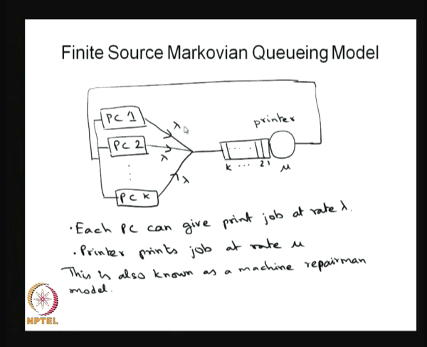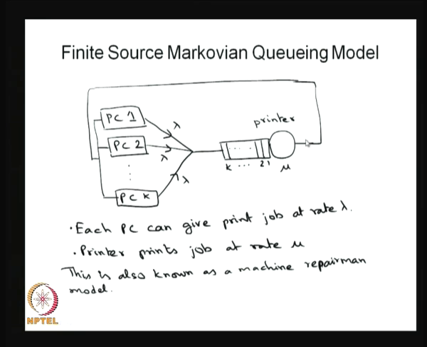Once the print jobs come into the printer, they will wait for the print, and the time taken for each print is also exponentially distributed with parameter mu. And there is another assumption: before the first print is over, the same PC cannot give another print command.